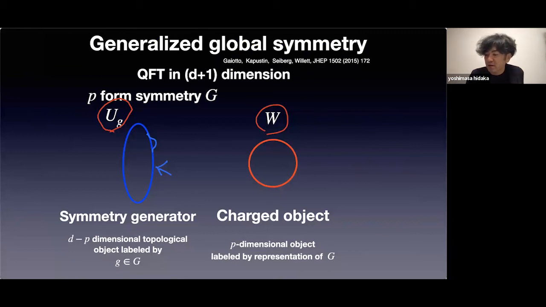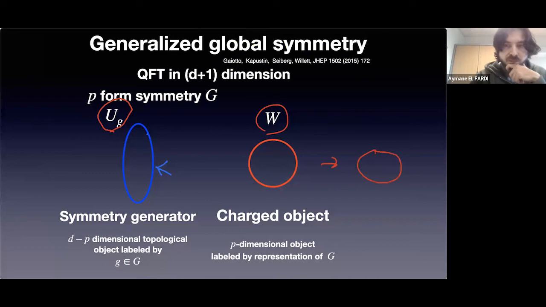But on the other hand, if you change this operator to something like this, the physical value does change. So this is non-topological and this is topological. The symmetry generator is topological, meaning that the physical quantity does not change by the deformation of this operator.